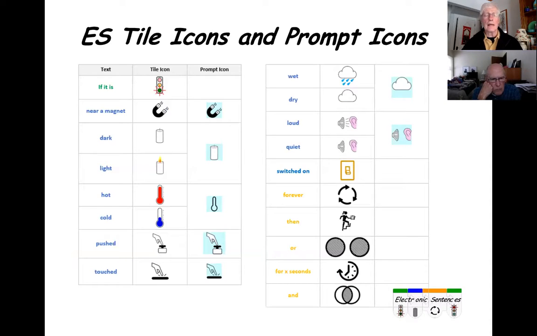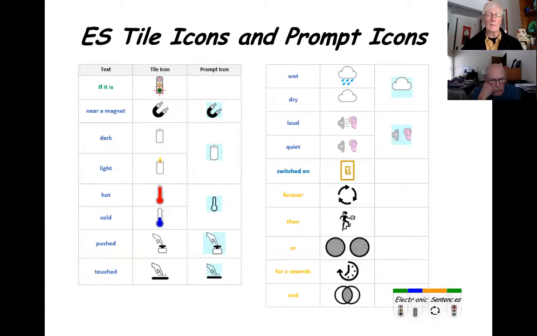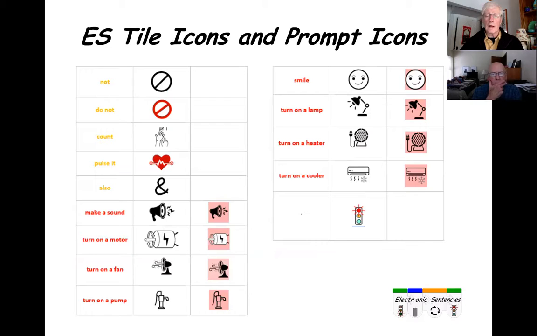Okay, here's a breakdown of some of the different tiles. The input tiles are there in blue: near a magnet, if it's dark, if it's light, and so forth. The yellow tiles are the process tiles: forever, then, or for so many seconds. And the output tiles are in the red.